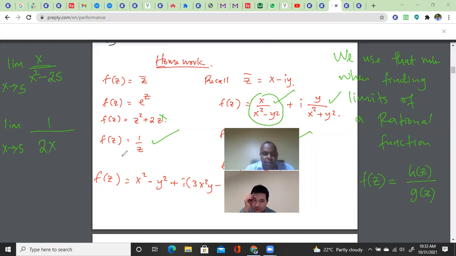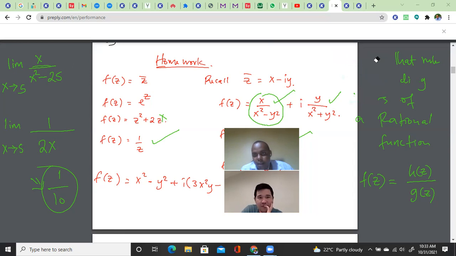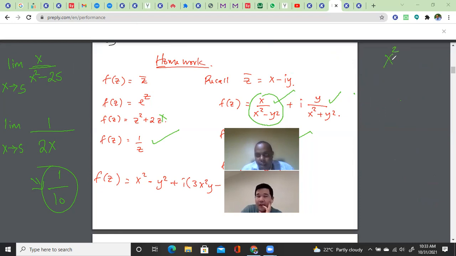And then you plug in 5, and you get 1 over 10. That's the limit. So that's how L'Hopital's rule works. Also, you can apply L'Hopital's rule as many times as you want. Let's say we have this function, x squared.